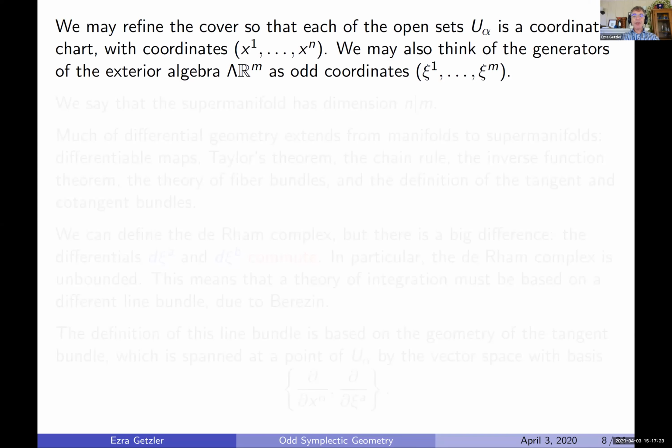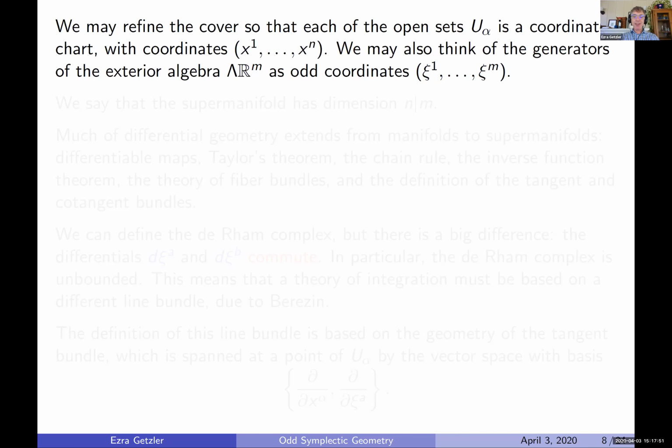So now let's assume that those open sets in the chart are actually coordinate charts. So they have coordinates x1 up to xn, and then choose also generators of the exterior algebra, and those will be our odd coordinates, xi1 up to xi-m. Essentially, in the local theory of supermanifolds, we work with functions of these coordinates, and often we'll find ourselves doing Taylor expansions.